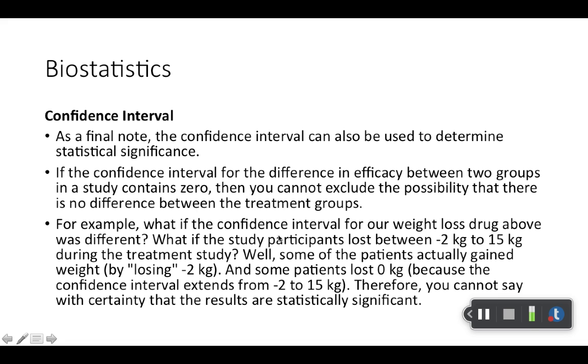So for example, let's say the study participants lost between -2 kgs and 15 kgs during the treatment. So losing 2 kgs is the same as gaining 2 kgs. If it crosses 0, that means that some patients lost nothing.